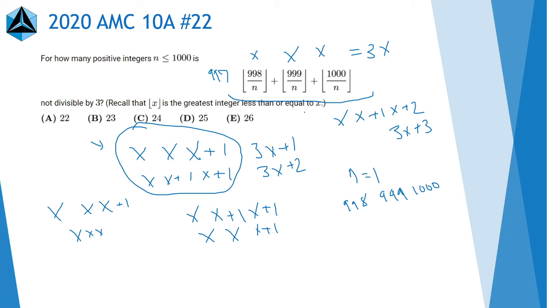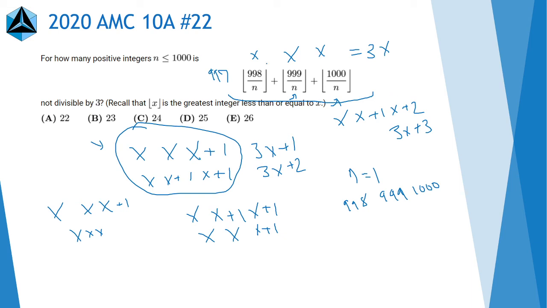So it seems like our answer is, we want to find the number of divisors of 999, because dividing into 999 gives us what we want, and the number of divisors of 1000, because the divisors of 1000 give us what we want as well, except for 1, because 1 doesn't work. Everything past 1 works, and you can see why, because there's no way we're going to have 3 different values unless n equals 1.